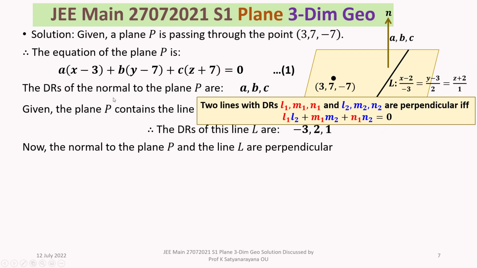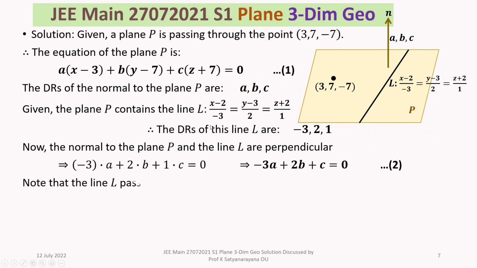So we have the normal to the plane with direction ratios A, B, C, that is L1, M1, N1, and the direction ratios of the line L are -3, 2, 1, they are L2, M2, N2, and they are perpendicular. Therefore, L1 L2 plus M1 M2 plus N1 N2 is equal to 0. So that will be -3 into A plus 2 into B plus 1 into C. That will imply -3A plus 2B plus C is equal to 0. Let's call this equation 2.